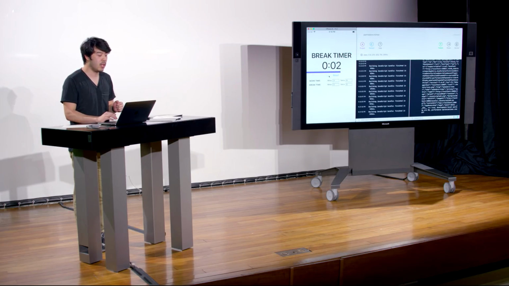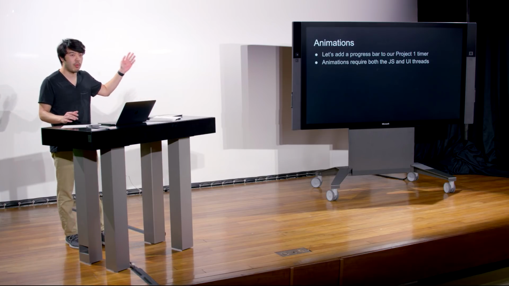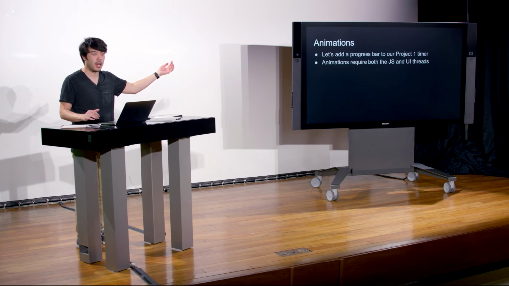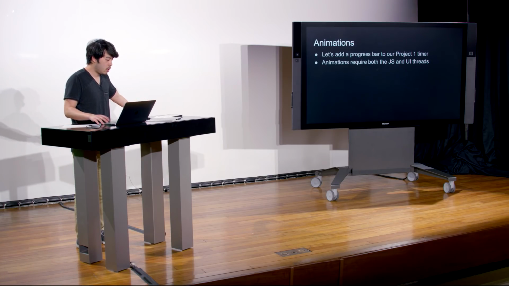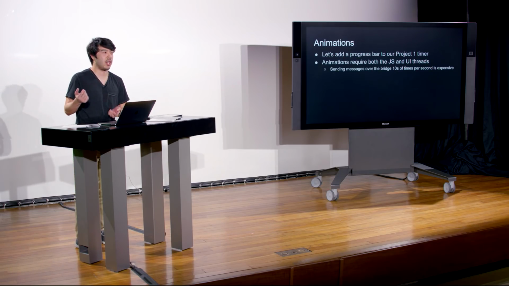And so how might we fix this? Well, the current animation that we wrote requires both the JavaScript and the UI thread to run. And what's happening? Well, it's sending messages over the bridge tens of times per second. It's actually not cheap to do that. Every single time we do that, we need to serialize any of the information that needs to get sent to the other thread and back and forth.